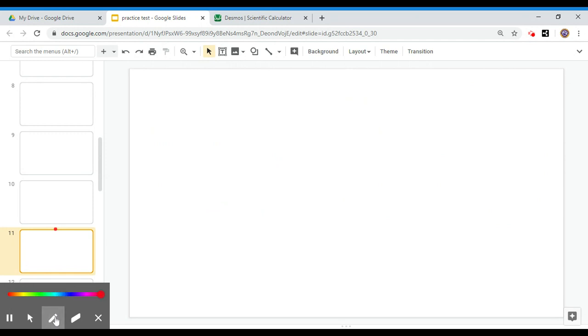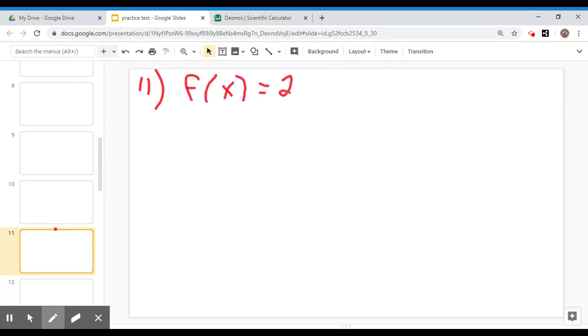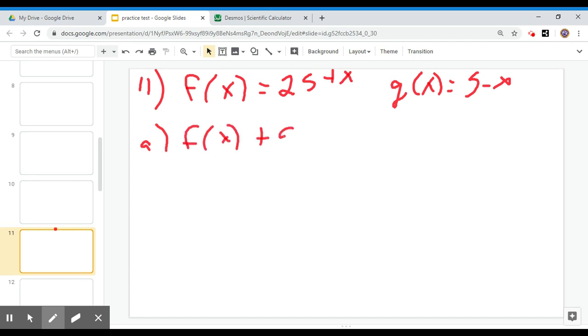All right, number 11. So we have f of x is 25 plus x. g of x is 5 minus x. First, we need to find f of x plus g of x. So we just need to add these two functions together.